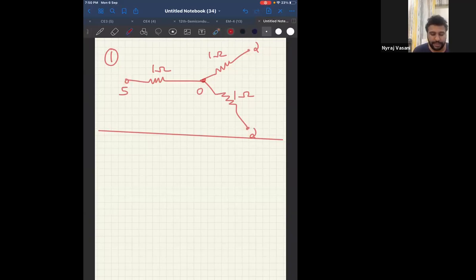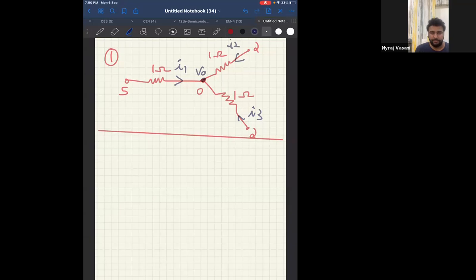That means when this acts like a voltage source, current will go from here. That will be I1, and the current that goes from here will be I2. And current that goes from here will be I3. And we will always assume that the sources are greater than this, because ultimately this does not have its own source. It is just V0 in between. So if I apply that logic, then always the source will be greater.